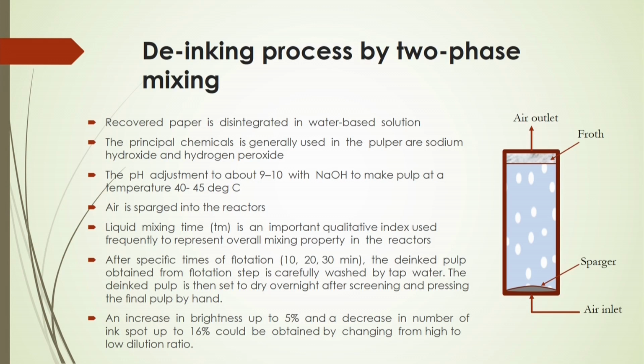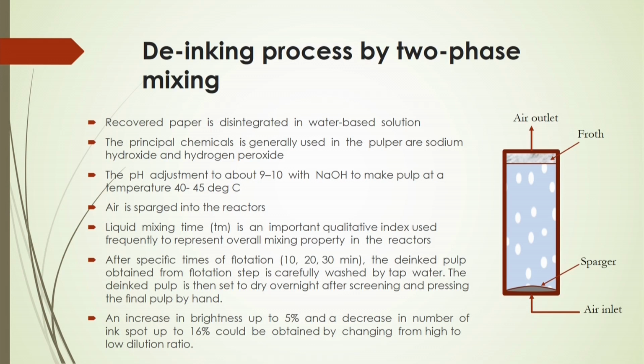And after specific times of flotation of the paper in a column to remove the ink, generally up to 30 minutes, the de-inked pulp obtained from the flotation step is carefully washed with tap water, and then it is set to dry overnight after screening and processing the final pulp by hand.